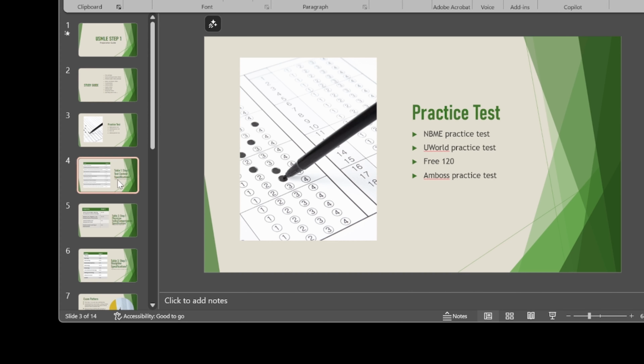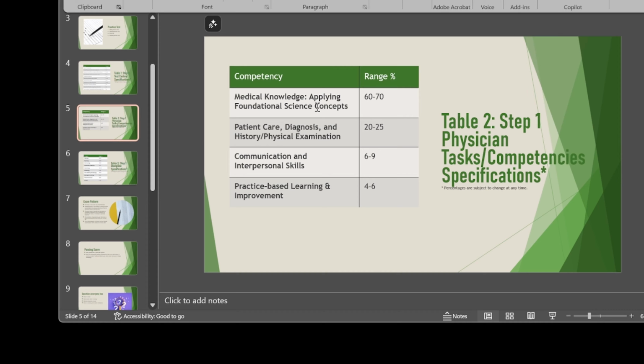Before you begin any of your study, you should check the content specifications and their percentages. So here is a list of systems and their percentages. Coming to competency specifications, medical knowledge accounts for 60 to 70%, and patient care, diagnosis, history, physical examination accounts for 20 to 25%.